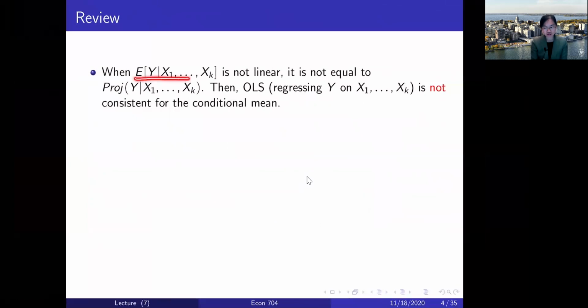But of course, when the conditional mean is not linear, it is not equal to the projection. The OLS is consistent for the projection, but the conditional mean is not equal to the projection. Therefore, the OLS is not consistent. It doesn't consistently estimate the conditional mean function.